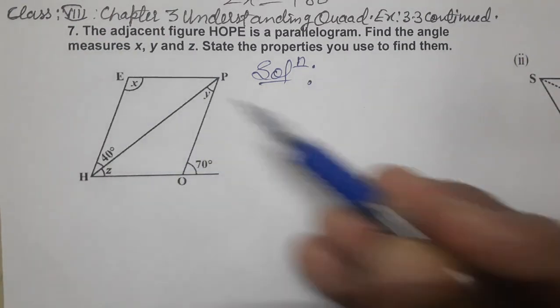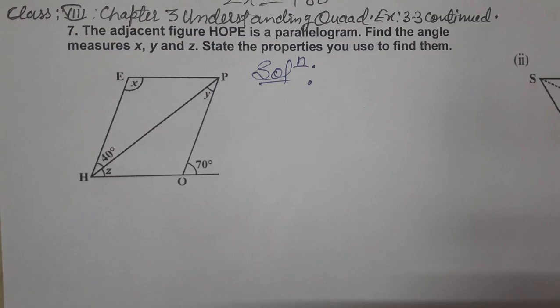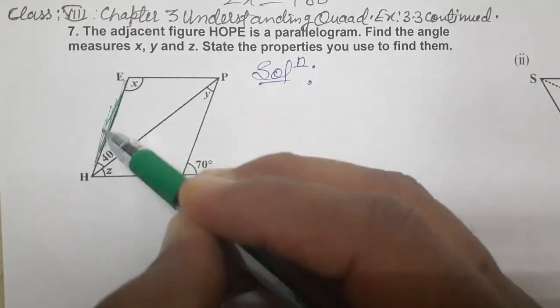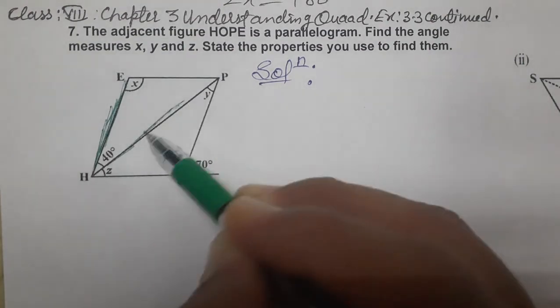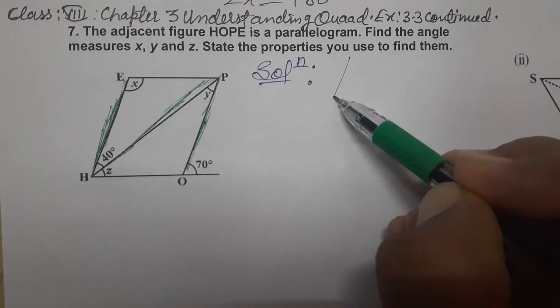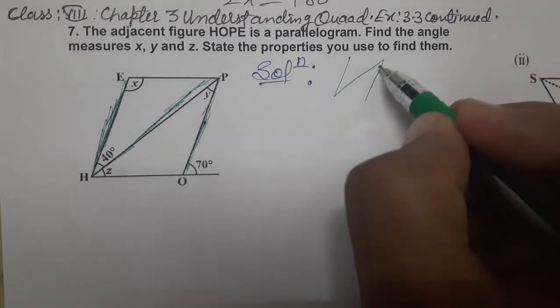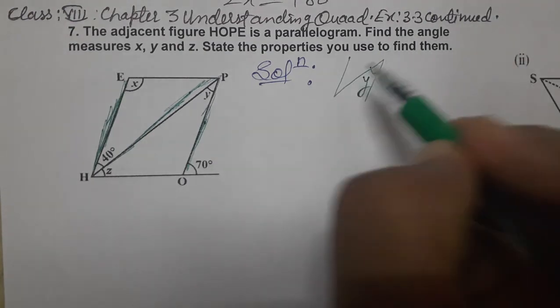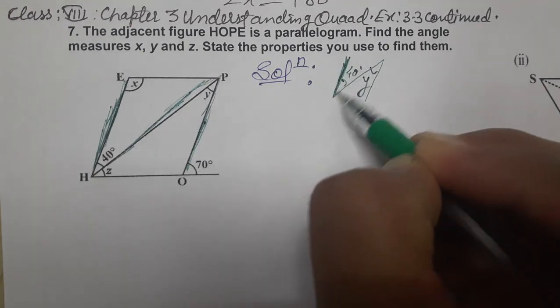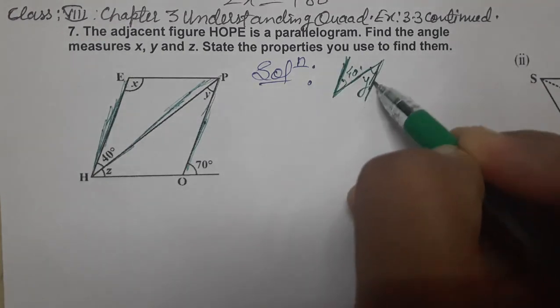So see children, this is alternate angles forming Z. This one is forming Z. This is Y and this is 40 degree. See, it is Z or not?